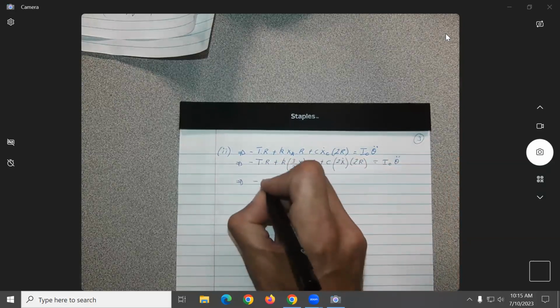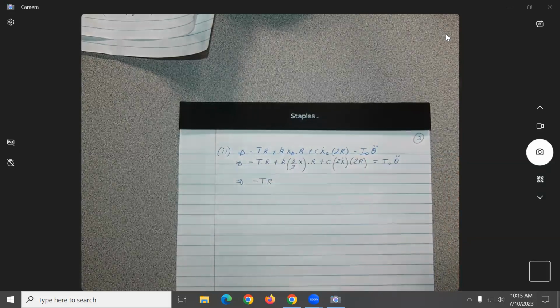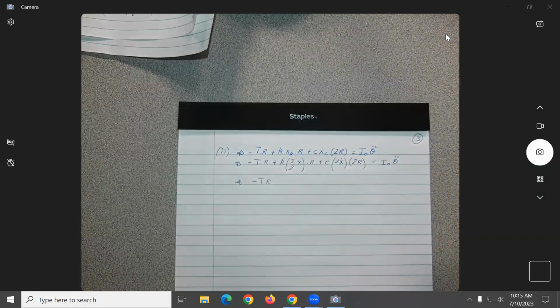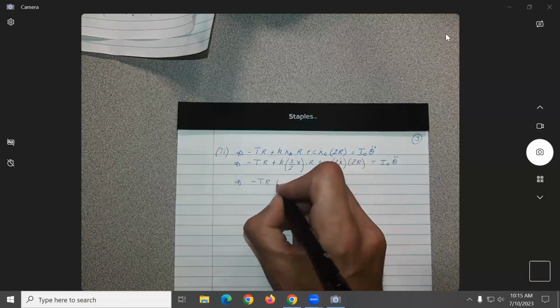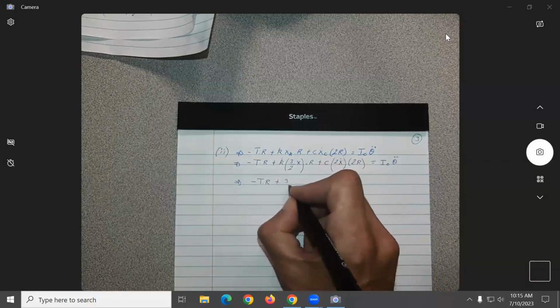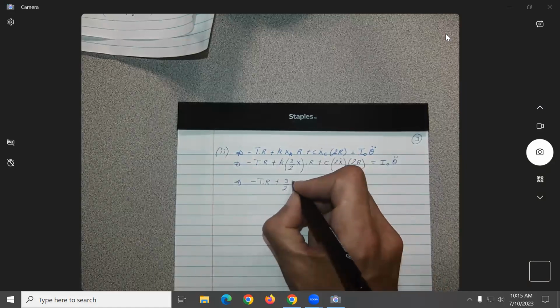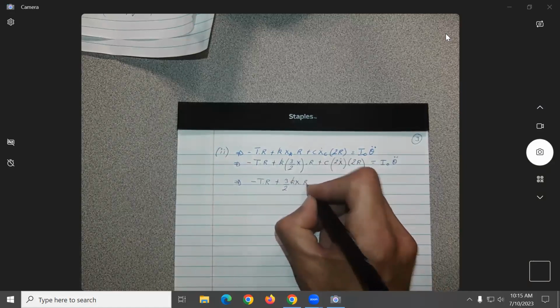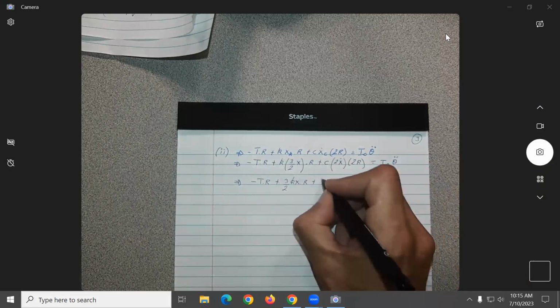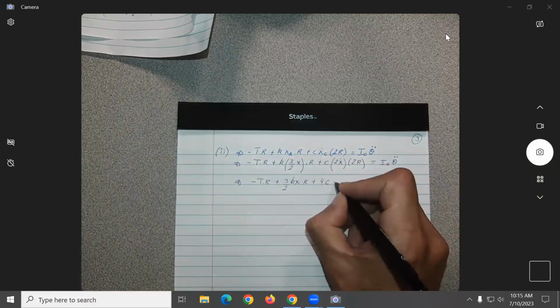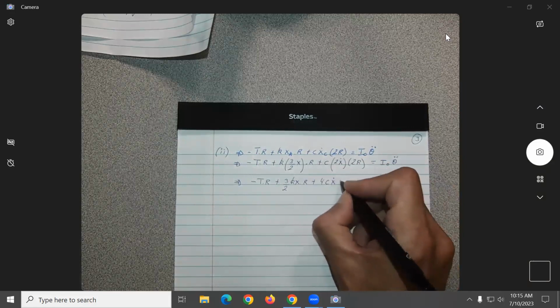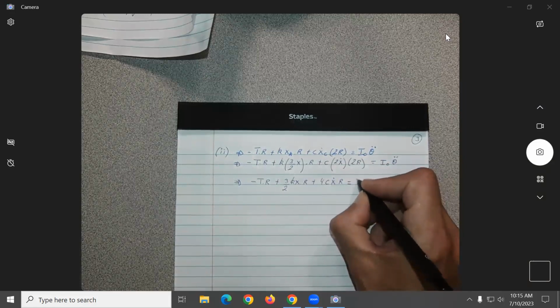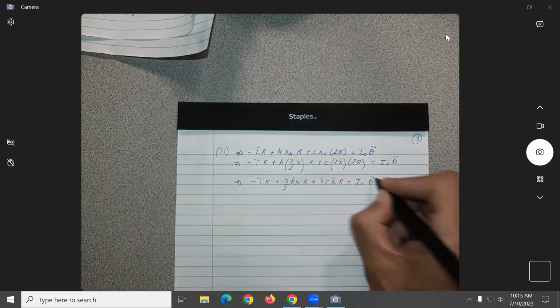This will give you minus t times r plus 3/2 kxr plus 4c x dot r equal to I sub naught theta double dot.